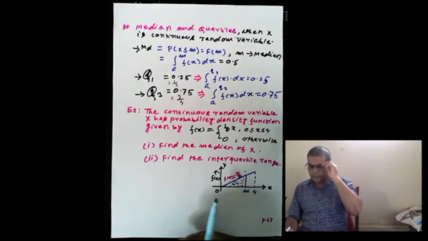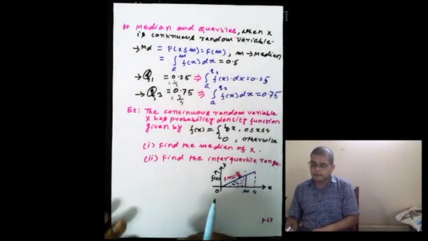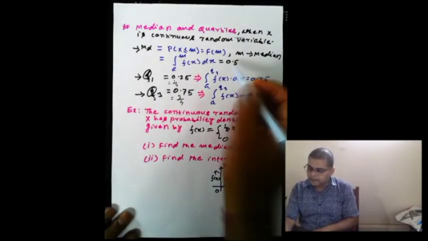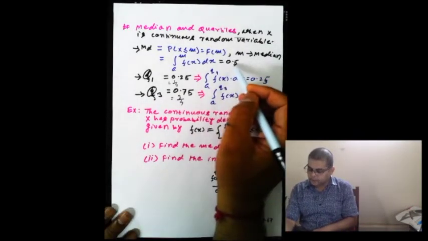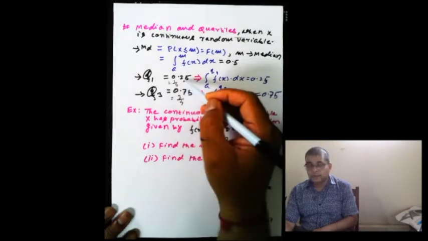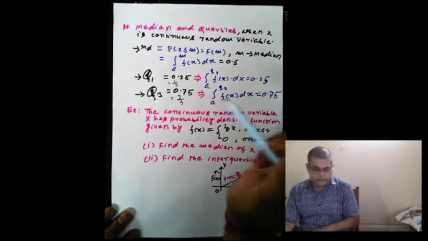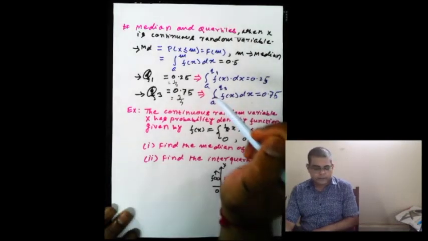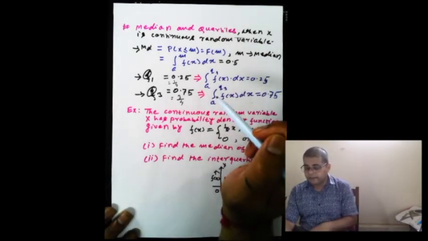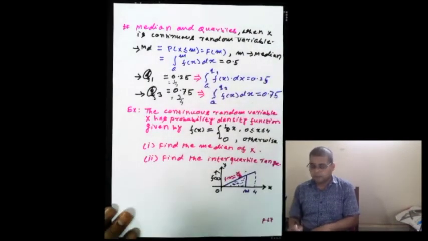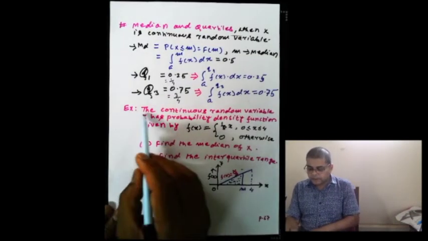So the method of finding medians and quartiles is not different, only the difference is in writing here. For the median we write 0.5, for the first quartile it is 0.25, and for the third quartile it is 0.75. And just now we have learned about the cumulative distribution function, so that will be helpful in finding median and quartiles.